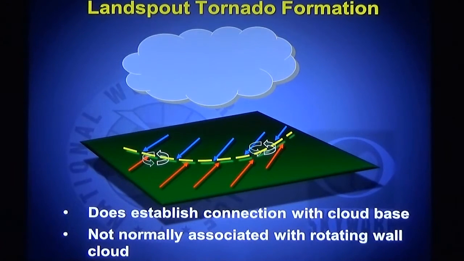A shower or thunderstorm moves over these boundaries, and that shower or thunderstorm has an updraft and a downdraft. So the circulation from the ground is pulled up into the shower or the thunderstorm, and that circulation can form a funnel cloud or a tornado. Again, we call these landspout tornadoes. Typically, they're very weak, do very little damage, and are not on the ground very long.